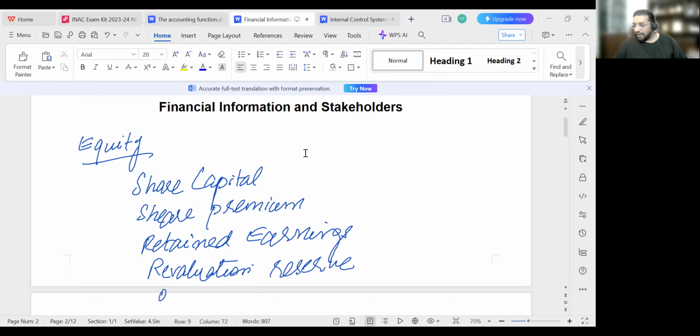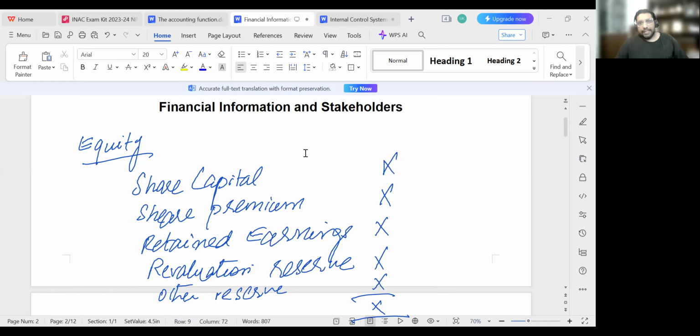And if you have any other reserve, okay? So we add all of these figures together, right? And it becomes part of your equity in your balance sheet.